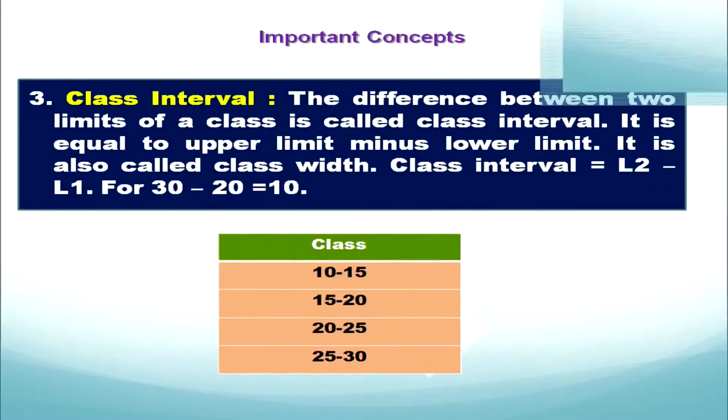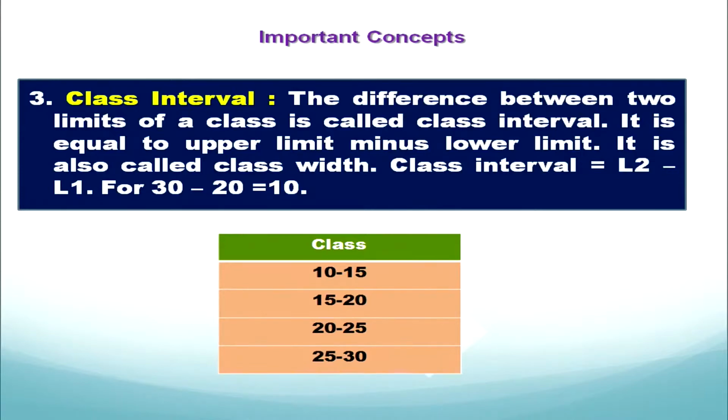Now, let's discuss the third concept, class interval. The difference between the two limits of a class is called class interval. That means the gap between the lower limit and upper limit is known as class interval. Now, the question comes, how can we calculate it? We can calculate it just by subtracting the lower limit from the upper limit. Let's see it with the help of an example.